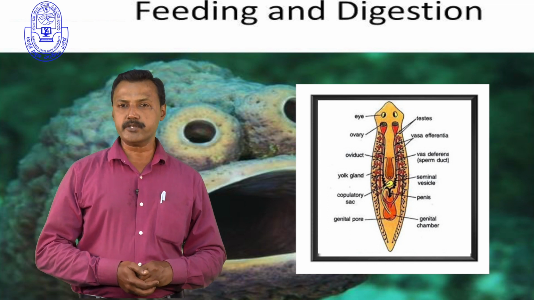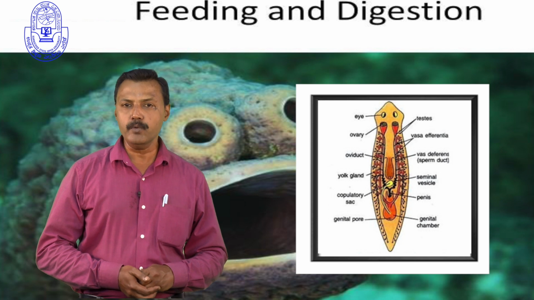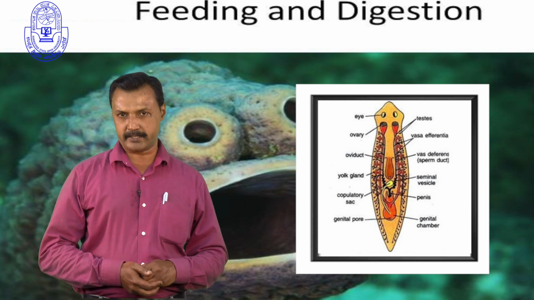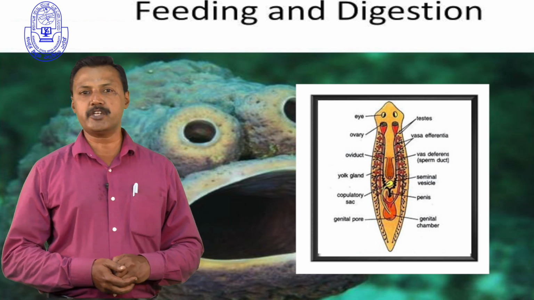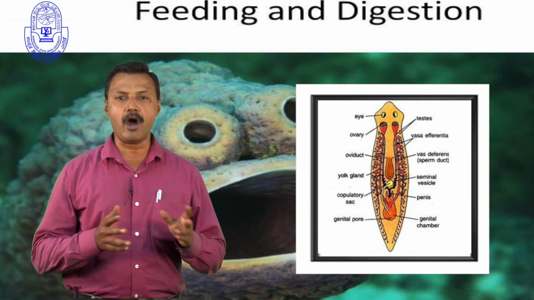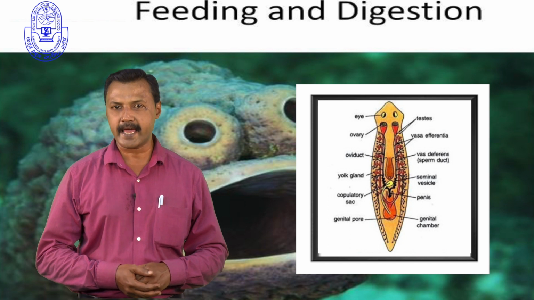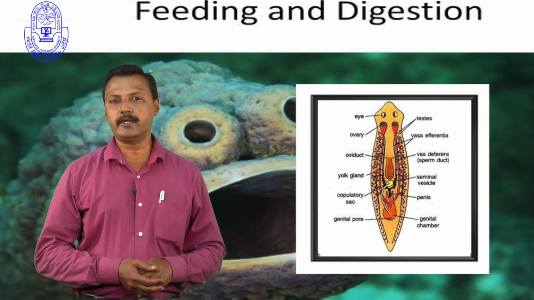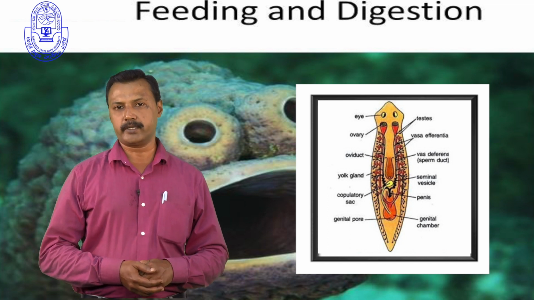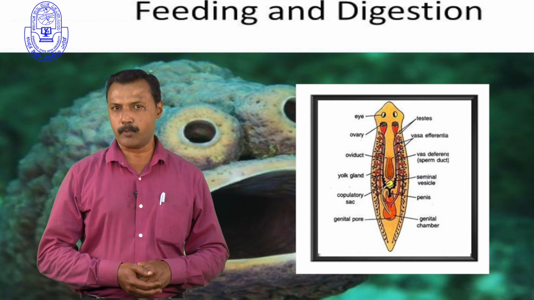They are also provided with numerous flame cells. These flame cells, found from all corners of their body, mainly function in osmoregulation, that means removing the excess water from the body.